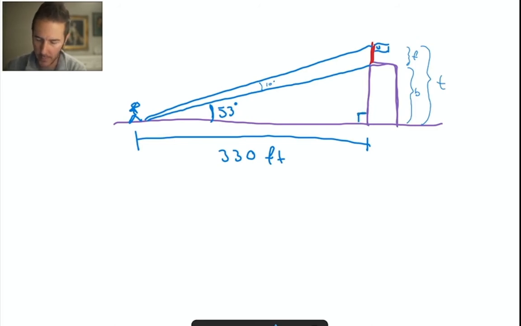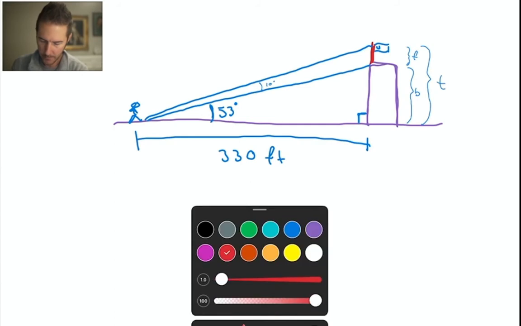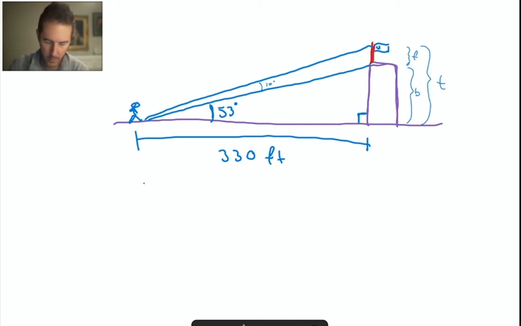I'm going to put a right angle in there, lowercase b. That's the opposite side and the adjacent side, so I think we're looking at using the tangent function here. So the tangent of 53 degrees is equal to opposite, which is b, divided by adjacent, which is 330.